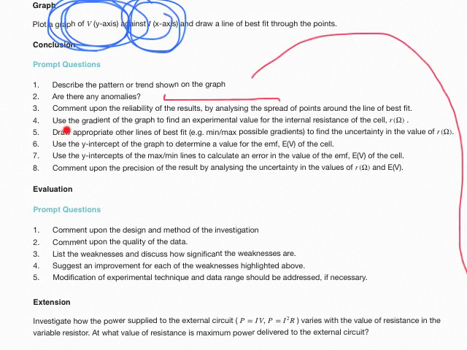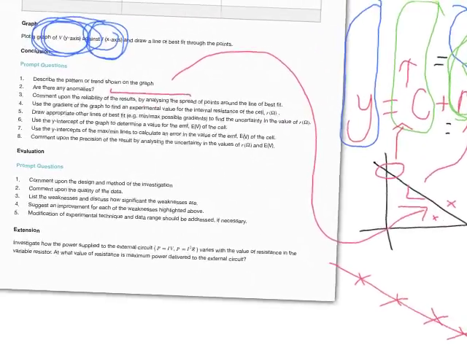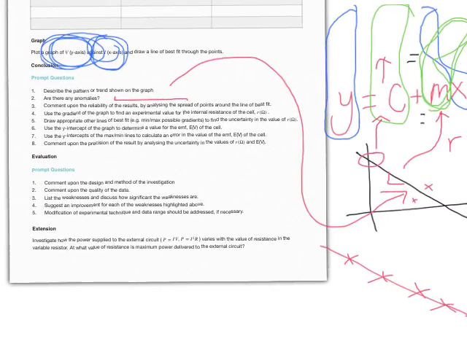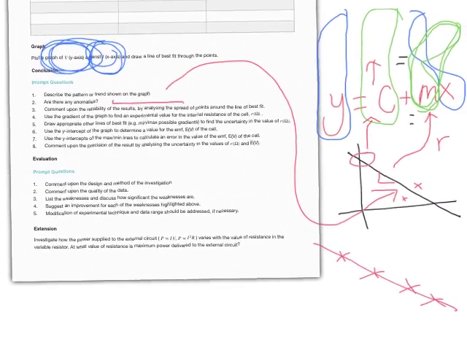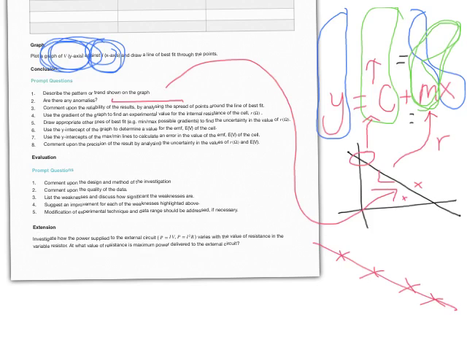We needed to see a gradient calculation and a value for resistance in ohms. It's super important that you give your values with the right units. A lot of you worked out your gradients, but then you didn't give me a value for R using the correct units.